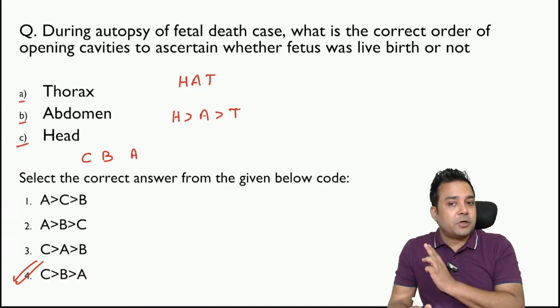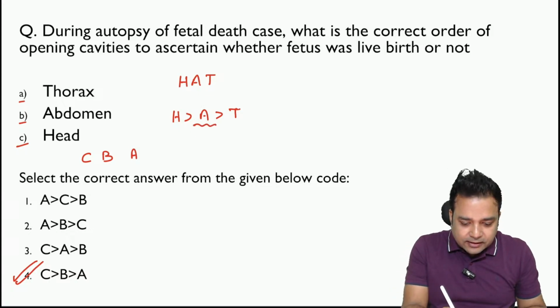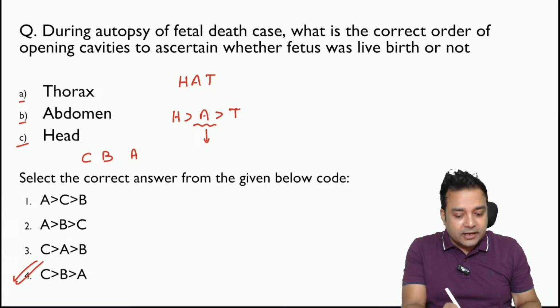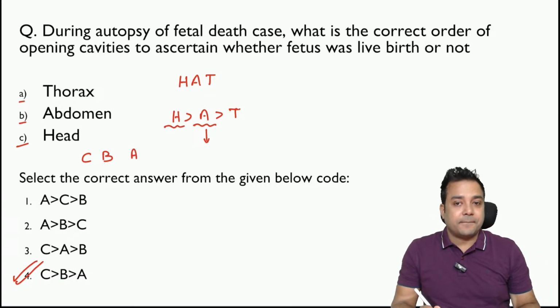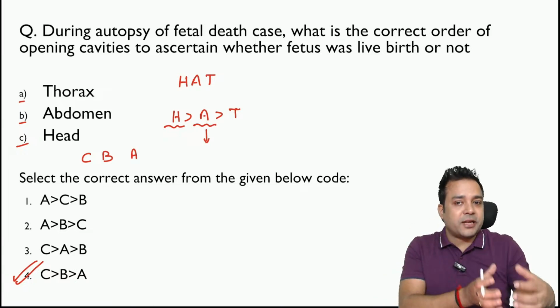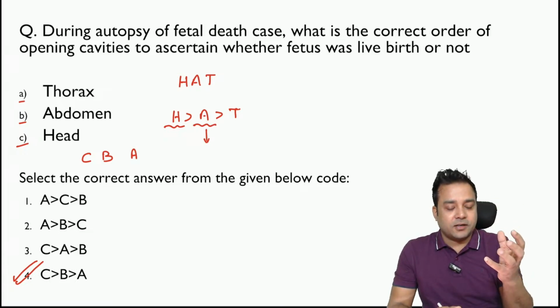Why is abdomen opened before thorax? That reason we know. In a fetal death case, live birth or stillbirth can be assessed with the help of the abdomen. But why is head opened first? Because if I don't remove the head first, it becomes very difficult to remove the brain in a fetal autopsy case, because the fetal brain is very soft and pulpy.